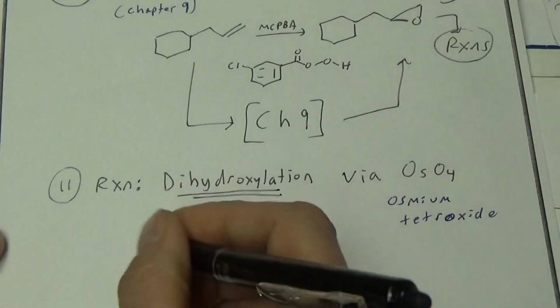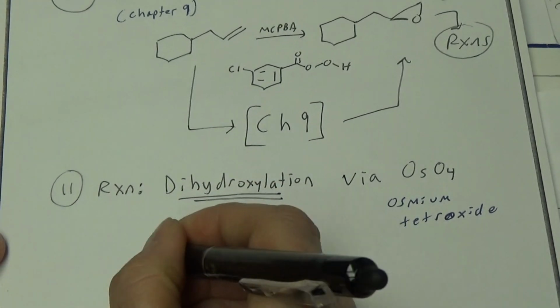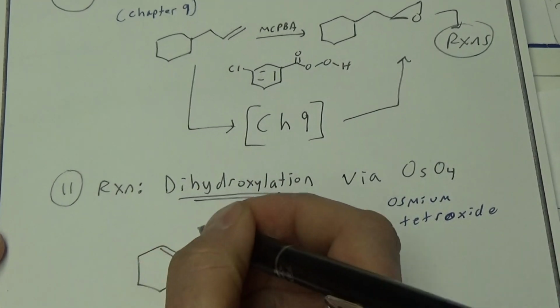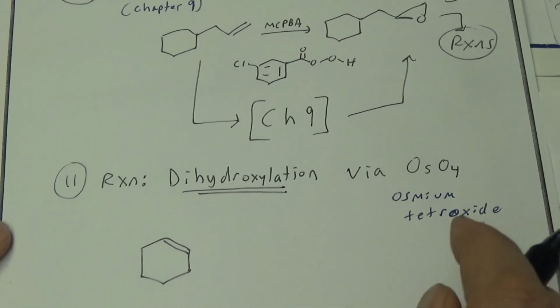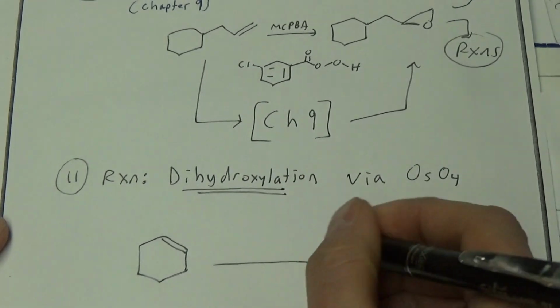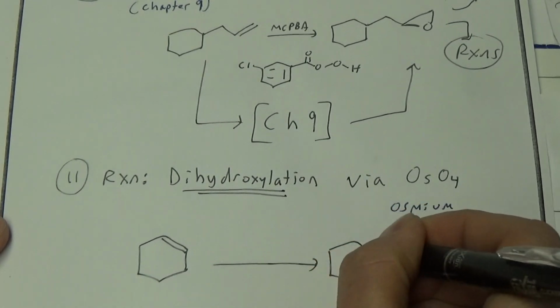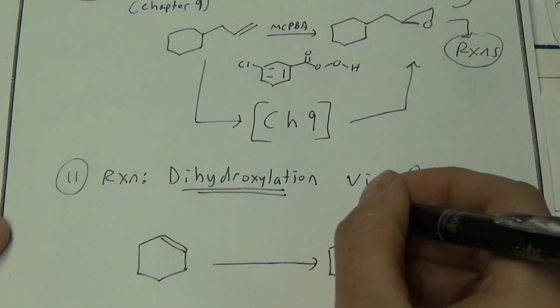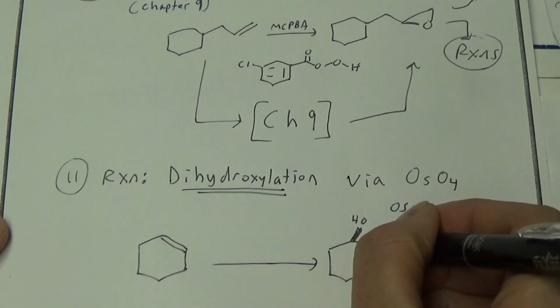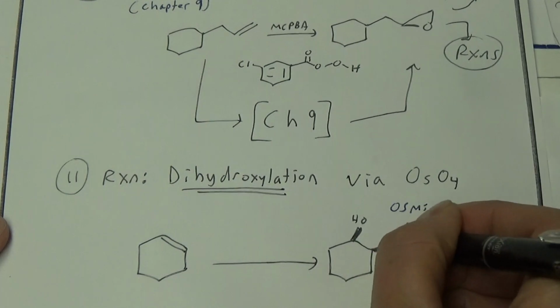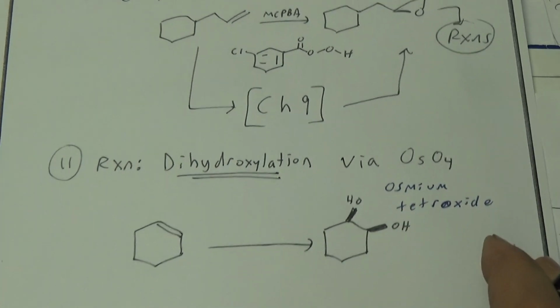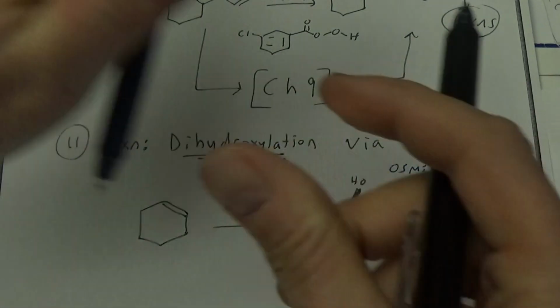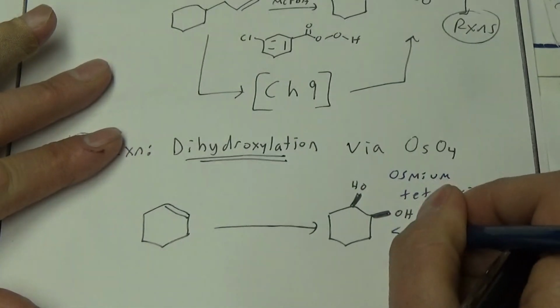Straightforward reaction. I'll show the mechanism and an example. Alright, so alkene, and what it does is it attaches two hydroxy groups, OH. The stereochemistry is the same, so this is also called a syn addition.